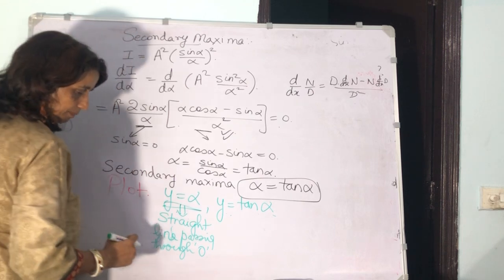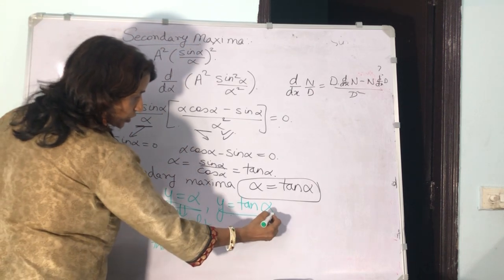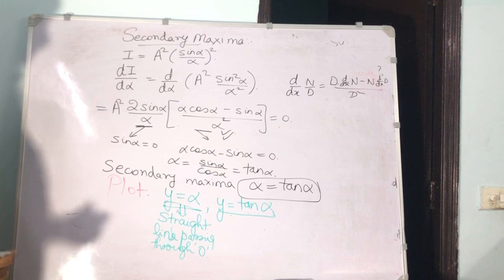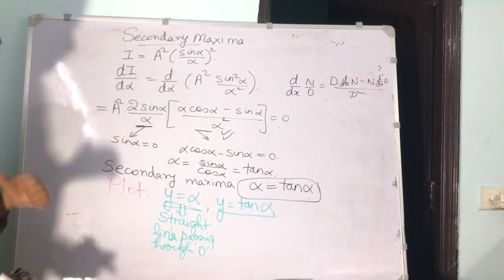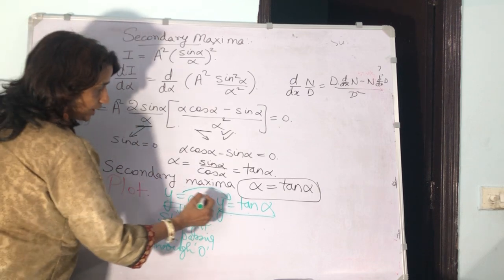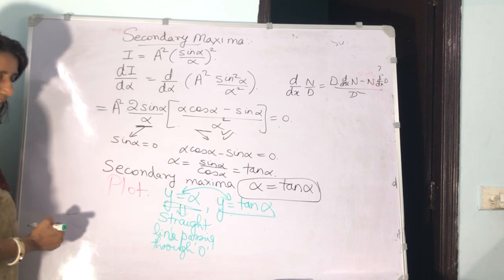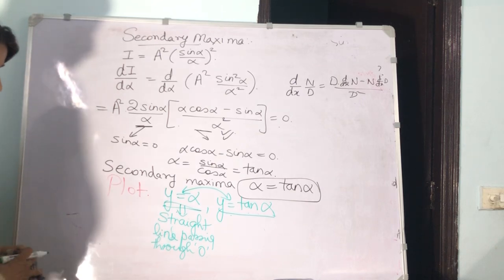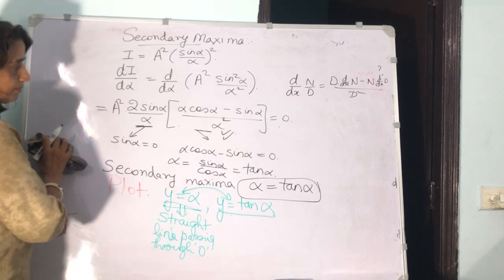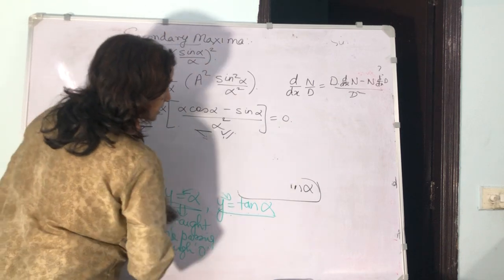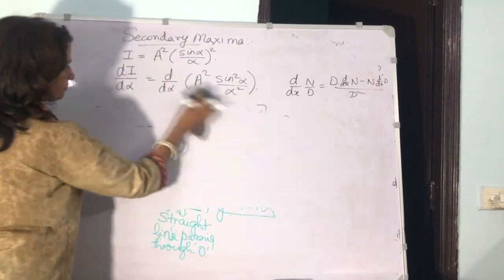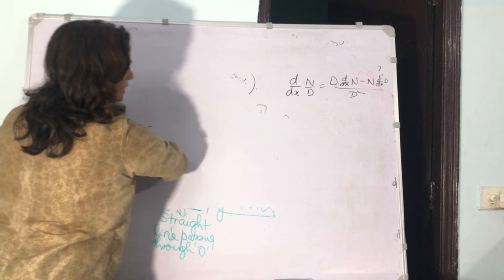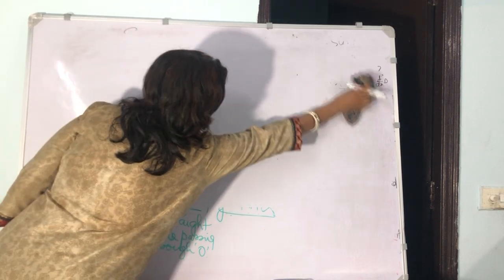This is going to represent the dimensions of your tangent curve. Then the point of intersection of these two lines will give us the position of secondary maxima and minima. So let us plot it quickly and see how the graph comes out.